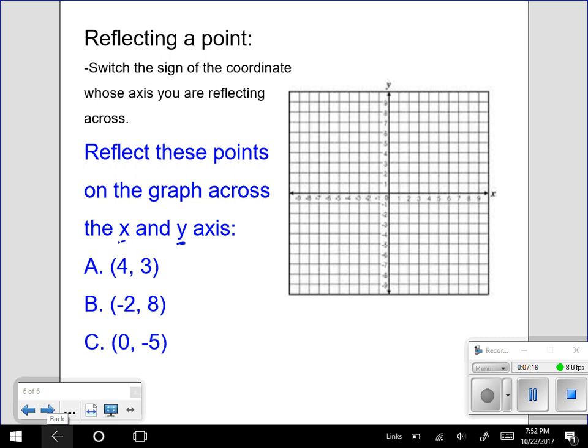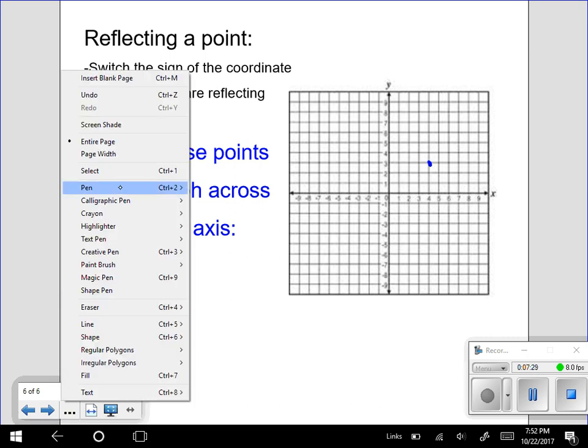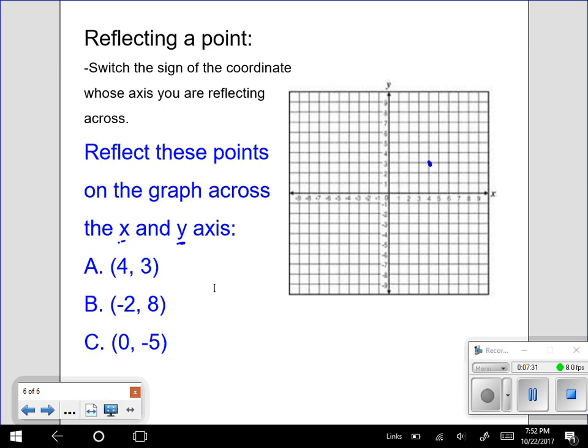So A, if I plot this first point, it's going to be 4, 3. So if I want to reflect this across the x-axis, a reflection is just like a mirror. So if I'm going to reflect that in green, let's look at that. What I need to do is my x value is going to stay the same, excuse me. I should say switch the sign of the opposite coordinate.